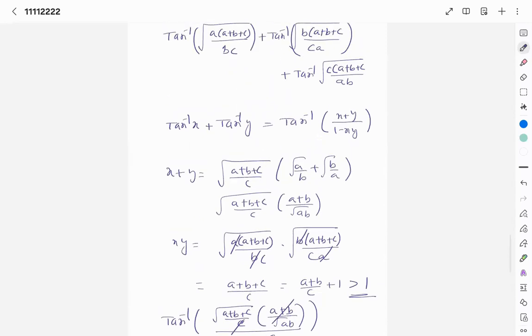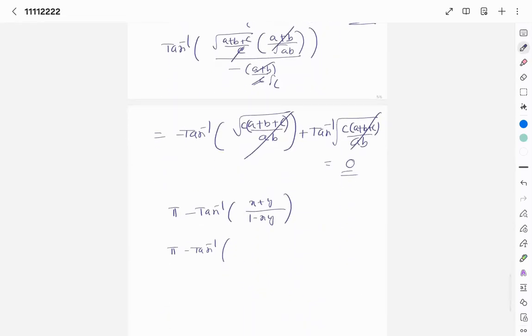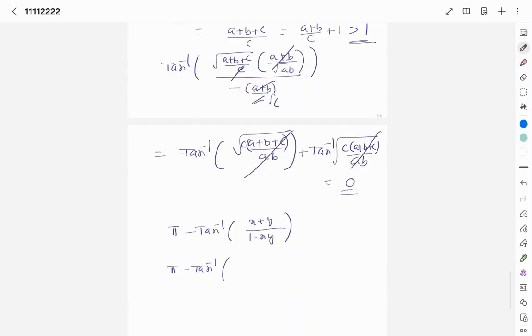What I got? After simplification, I got it as, how much you got? Minus root of c by ab into (a plus b plus c). I got this. One minute.